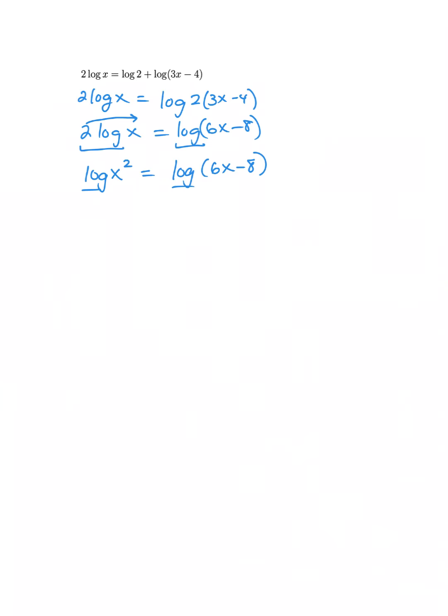Now both sides have a single log. So I can do x squared equals 6x minus 8. I'm going to go ahead and subtract the 6x and add the 8. And that makes x squared minus 6x plus 8 equals 0.